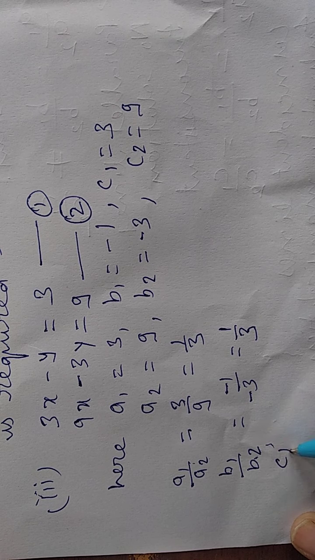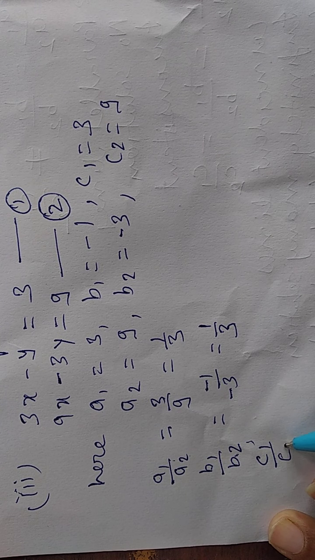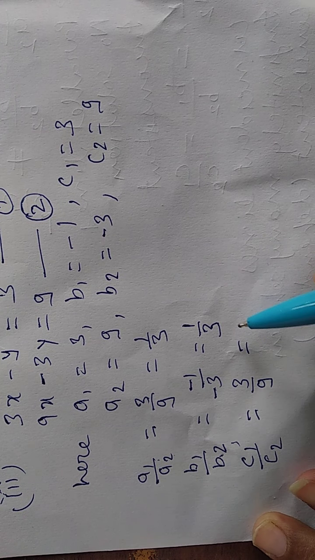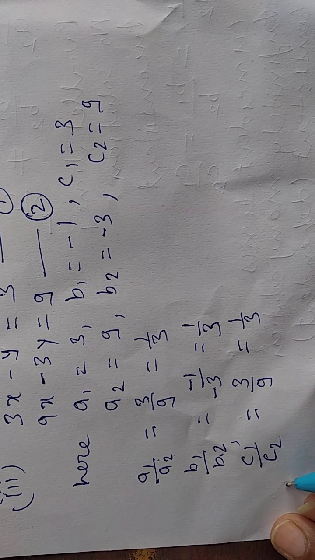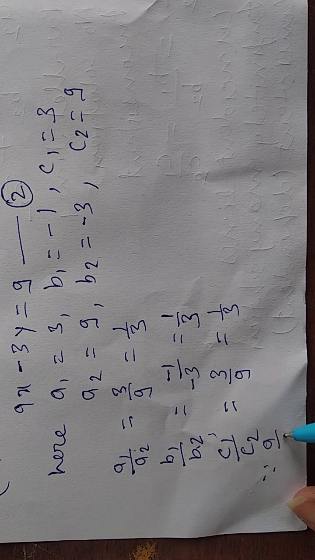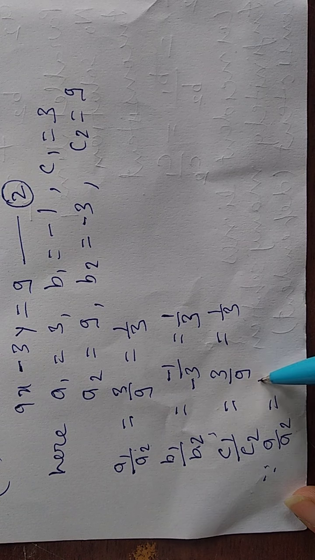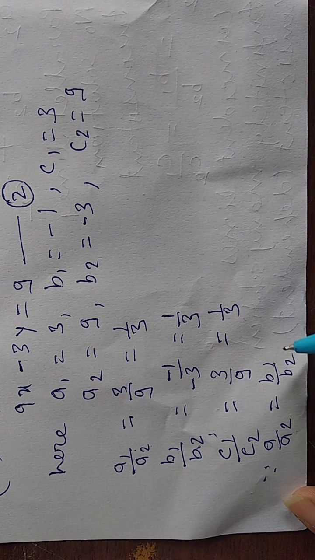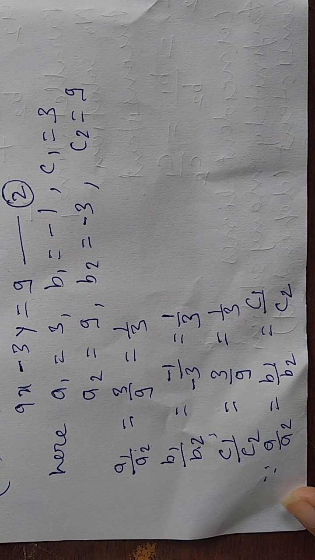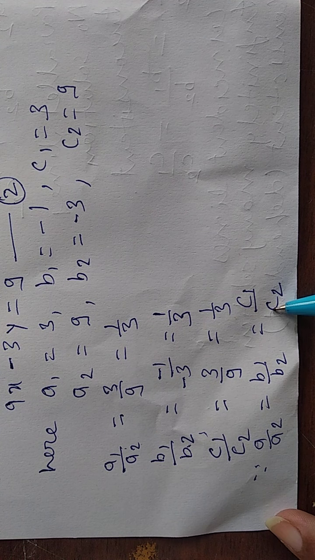So we will find value of c1 upon c2. So c1 upon c2 is equal to again 3 upon 9, that is 1 upon 3. Since a1 upon a2 is equal to b1 upon b2 is equal to c1 upon c2, in this situation, infinitely many solutions exist.